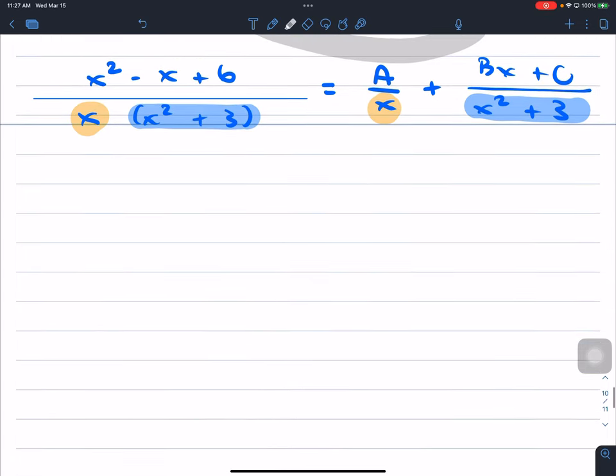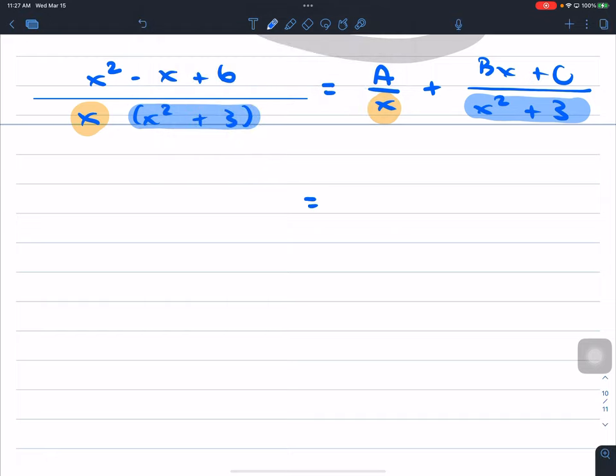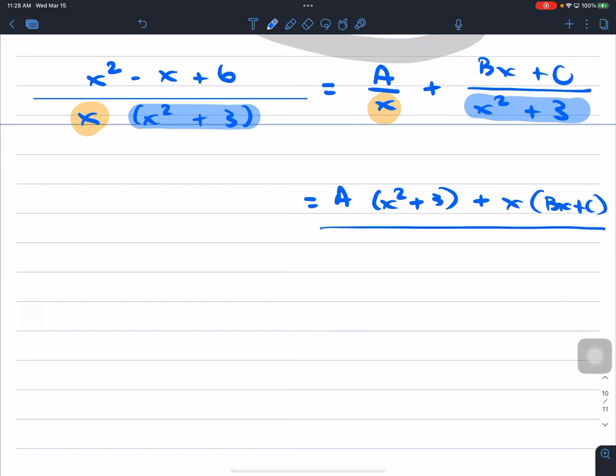Okay? And then you say, well, what do I do now? Well, on the right-hand side, you add. So you now get A over x plus Bx plus C over x squared plus 3.